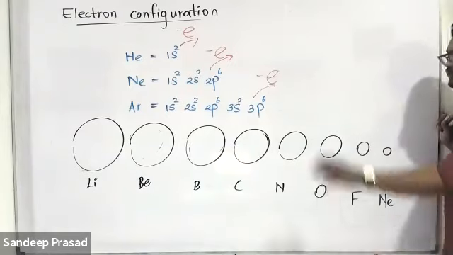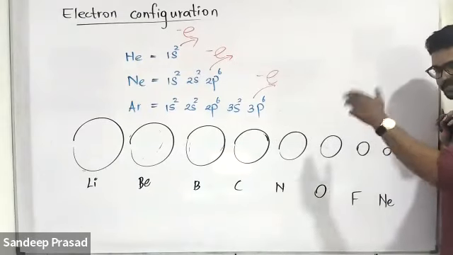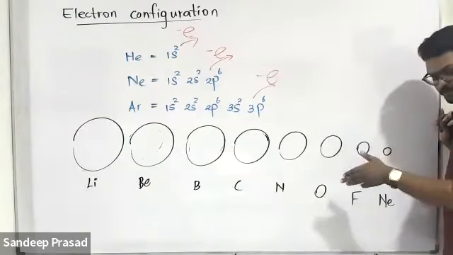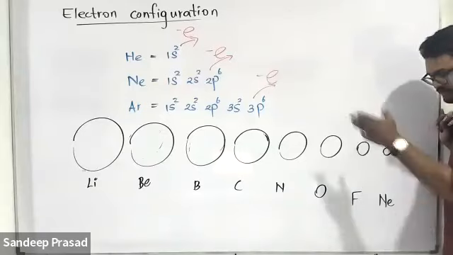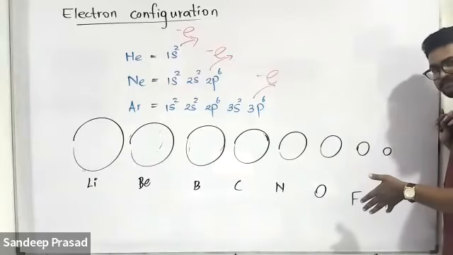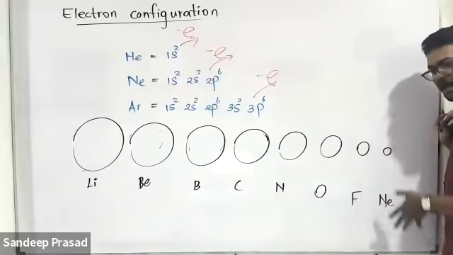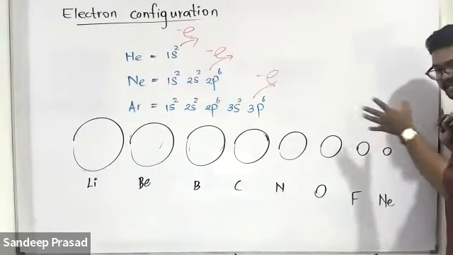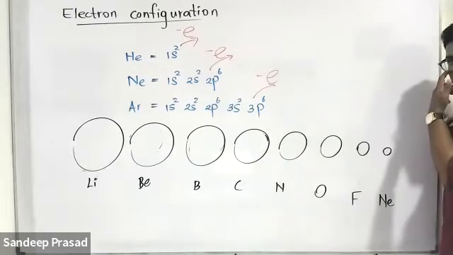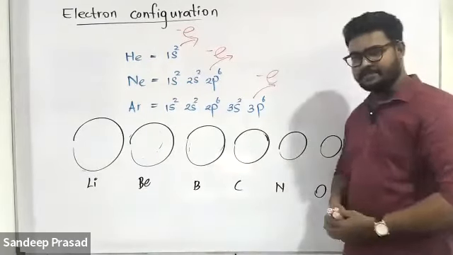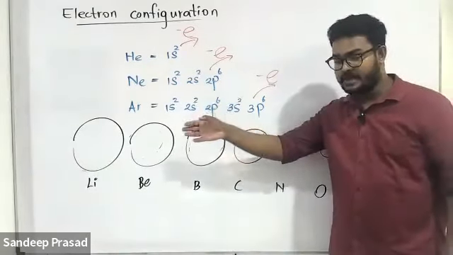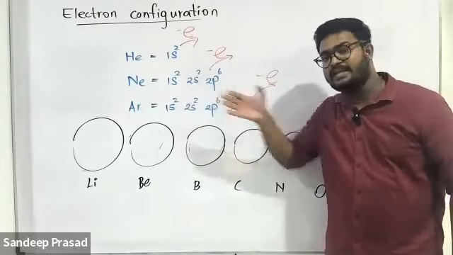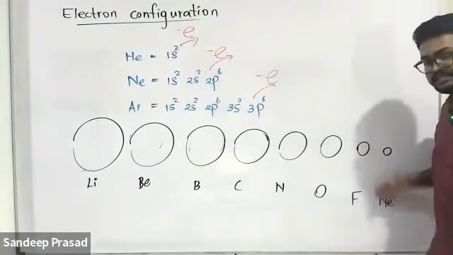If you consider the next period, sodium, magnesium, aluminium, silicon, phosphorus, sulfur, chlorine, argon, the same thing is repeating. Argon has the highest first ionization energy in that period. If you consider the same period elements, lithium has the least first ionization energy and neon has the highest.